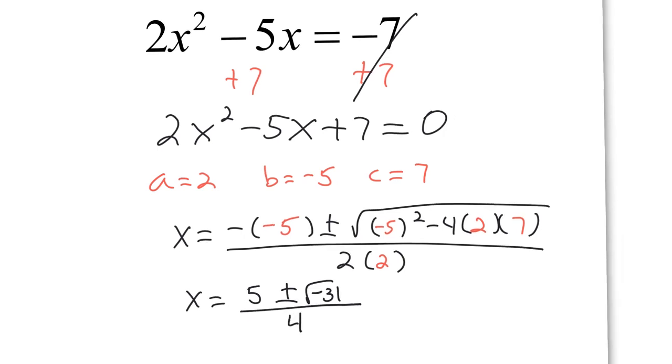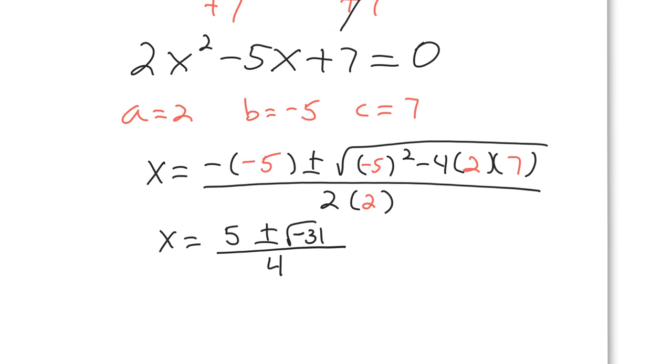Now, guys, right here in that radical, negative 31, that discriminant tells you that we have no real solution because it's negative. The negative inside of the radical, you don't have a real solution. So you can't really simplify the square root of negative 31. Now, why? Because we have to use imaginary numbers in order to do that.